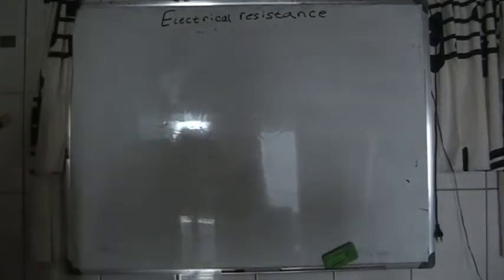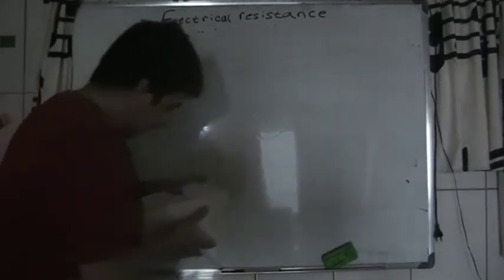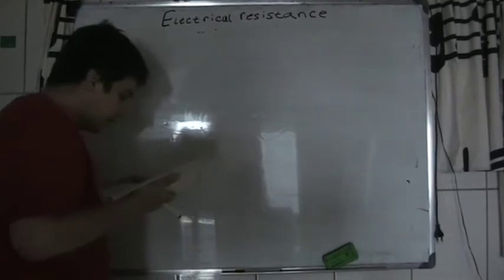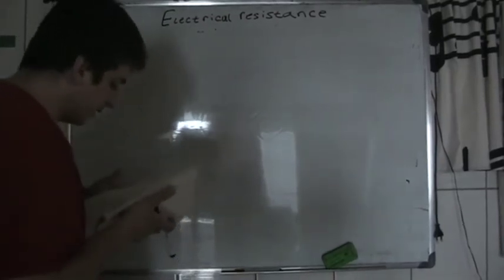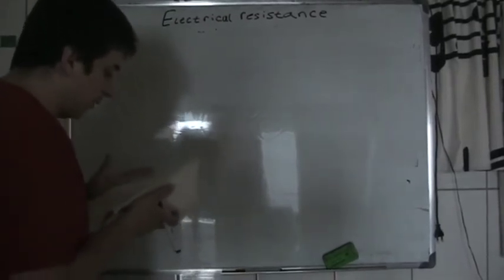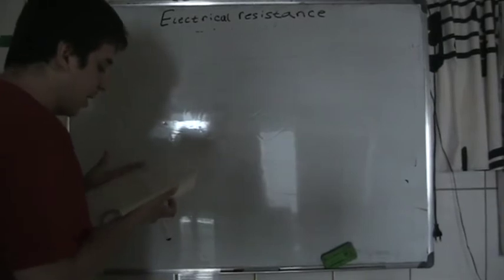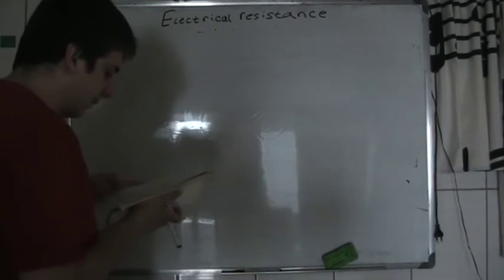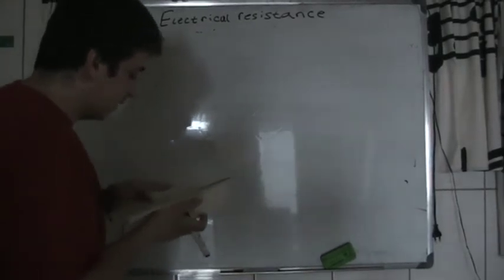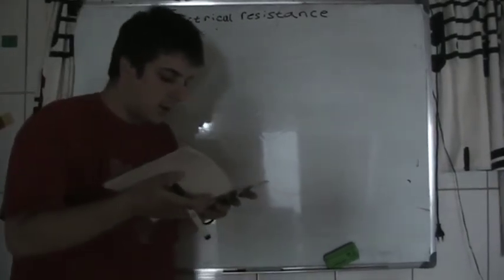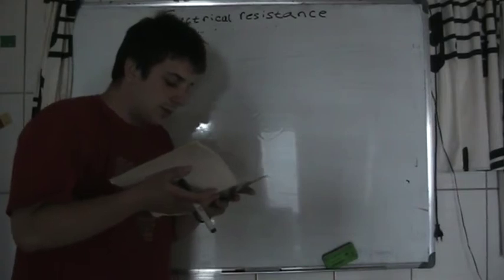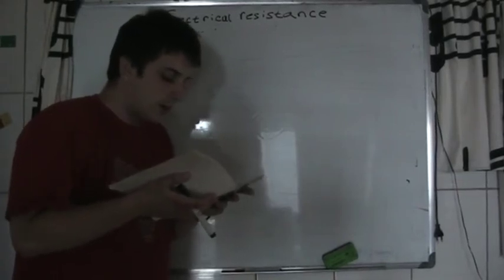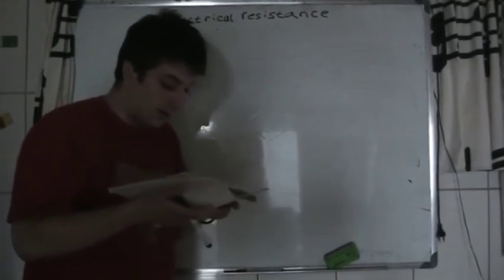Okay, so the first example, let me just see how it says. What is the electric resistance of a copper wire with a length of 3 kilometers and a cross-sectional area of 10 millimeters squared? The specific resistance of copper wire is 0.018 ohms millimeters squared per meter.